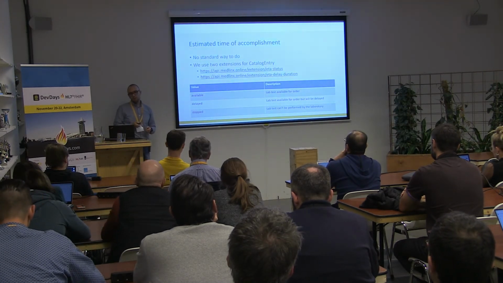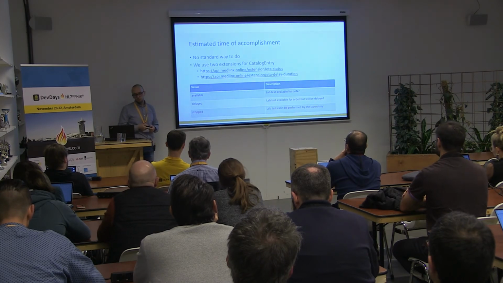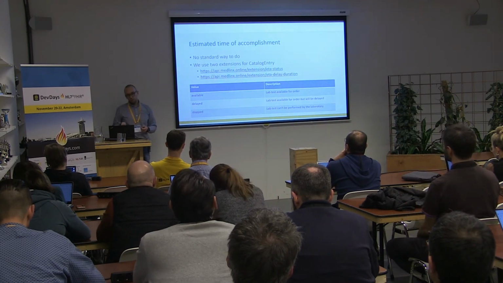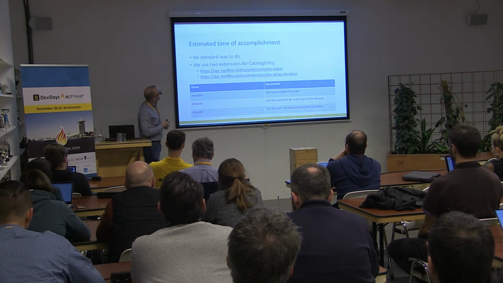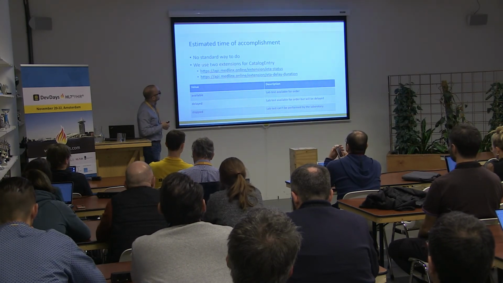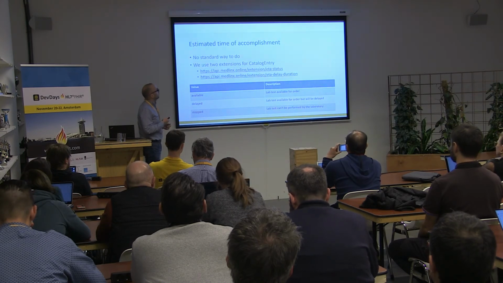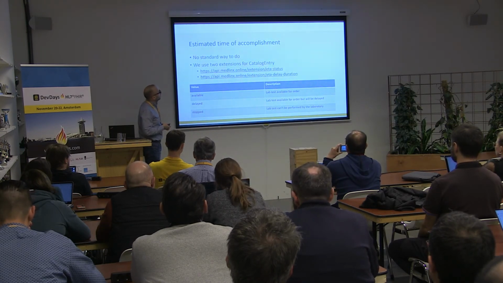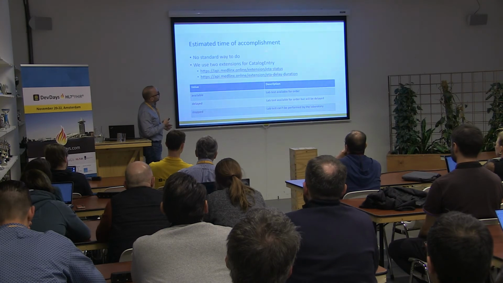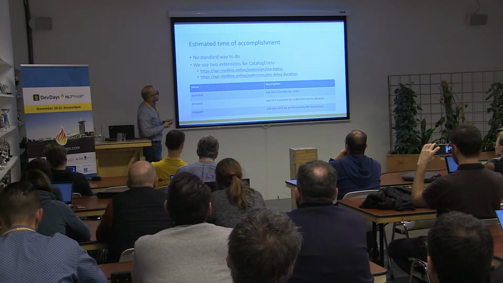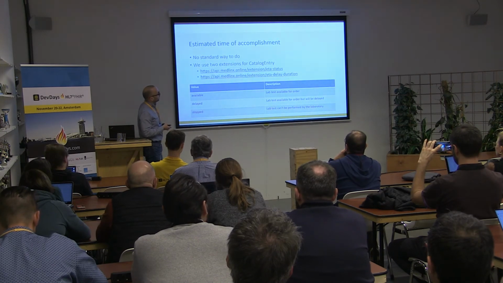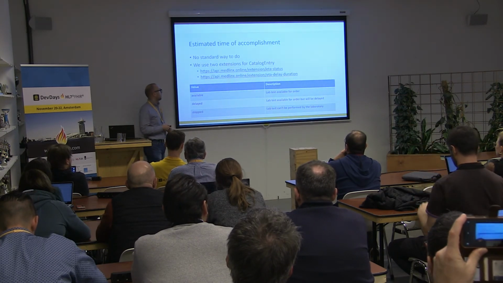Next part is estimated time to accomplishment. There is no standard way to do it in the current version. I misspelled here, but for sure we have 3 extensions for the catalog entry resource. They're called estimated time to accomplish status, estimated time to accomplish delay duration, and estimated time to accomplish duration.